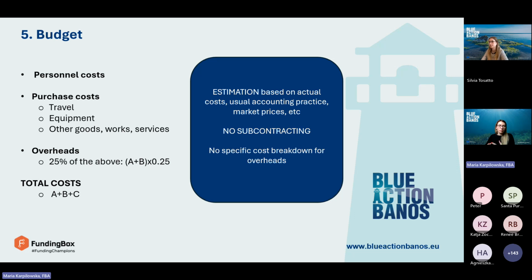Overheads is a cost category which is used in Horizon Europe projects, which is a flat rate of 25% of all direct costs. Okay. And then the total cost for your project is A plus B plus C. So personnel costs plus purchase costs plus overheads, right? In BlueActionBANOS, we are not including subcontracting costs.